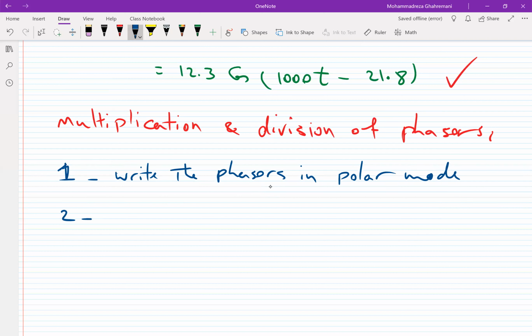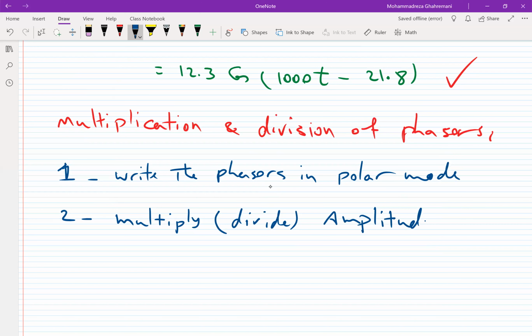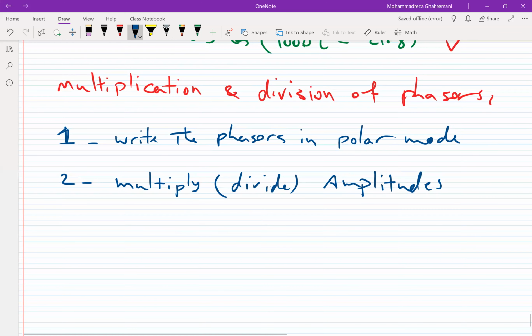Second, multiply or divide the amplitudes and add or subtract the phase angles.